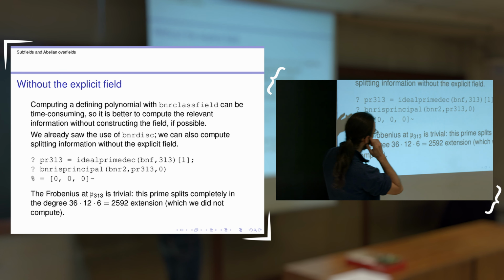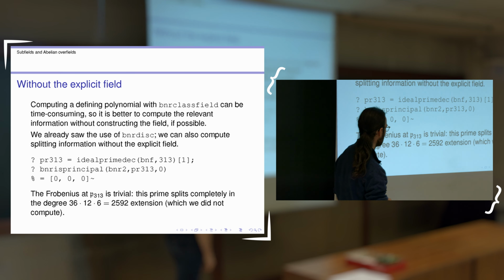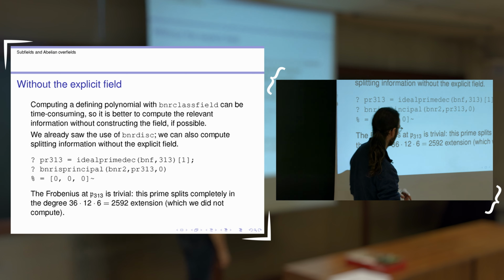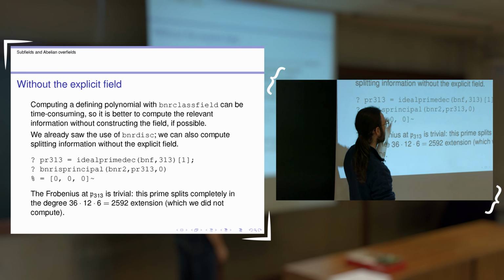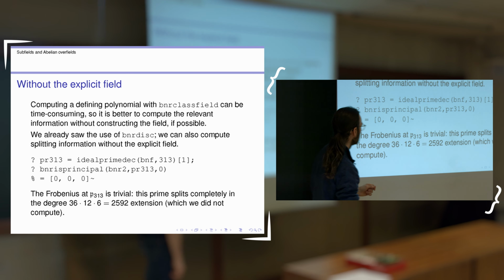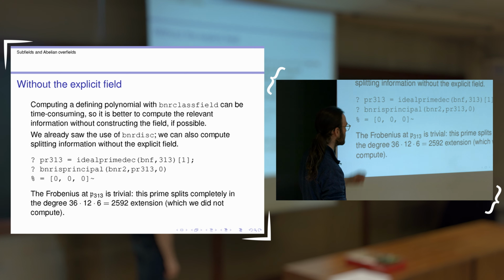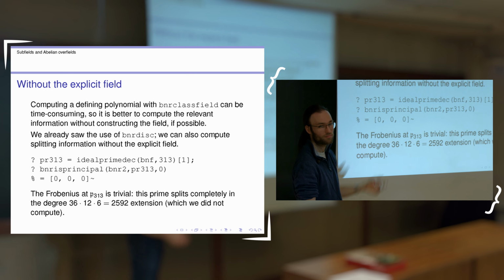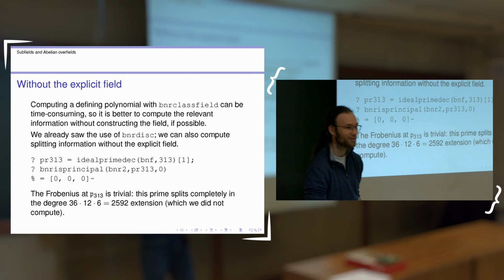So here, for instance, in this big ray class field that had degree 2,500, you can compute the decomposition of primes. For instance, here you prove that this prime ideal above 313 is actually totally split in this extension, but you wouldn't want to compute this extension.